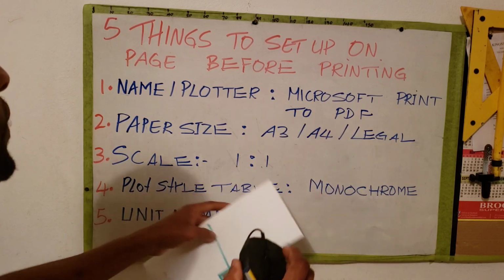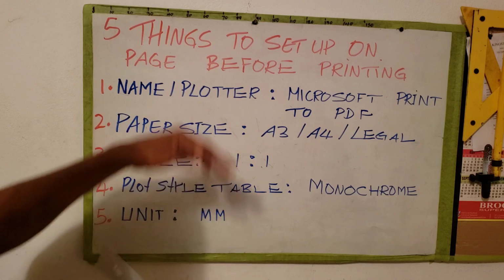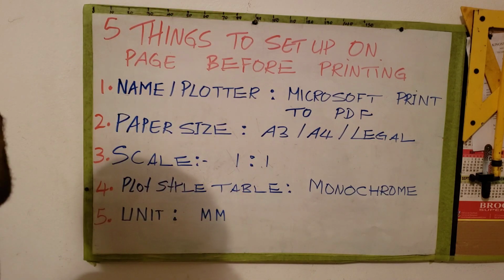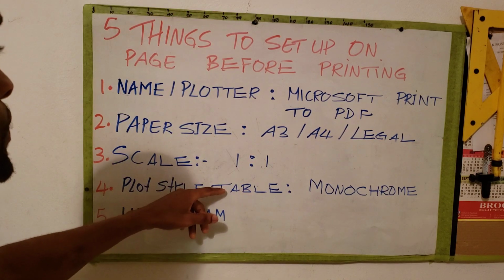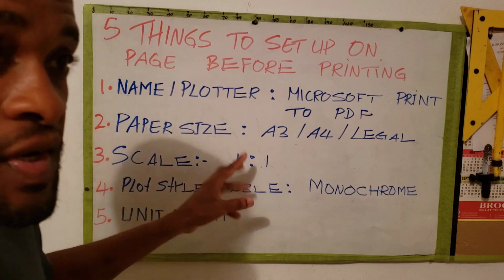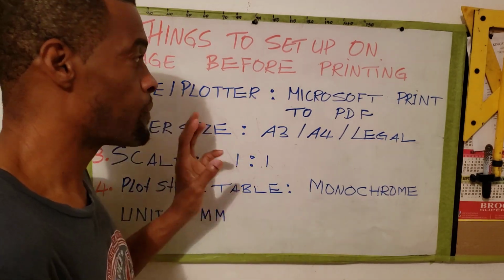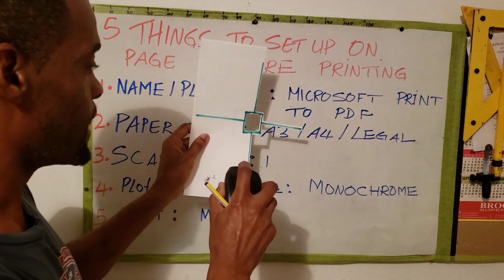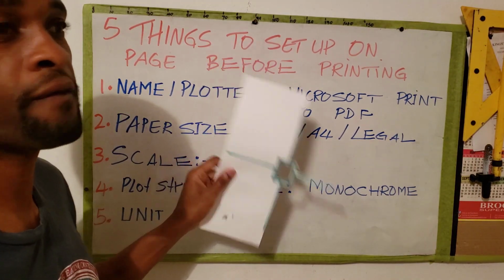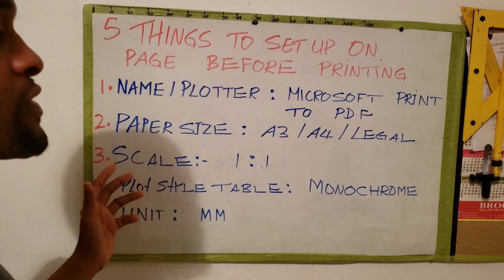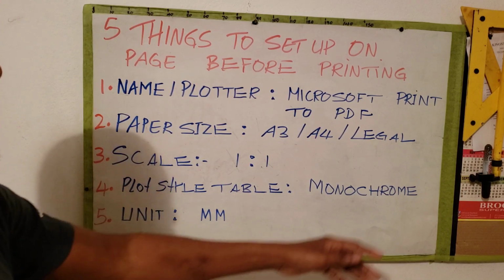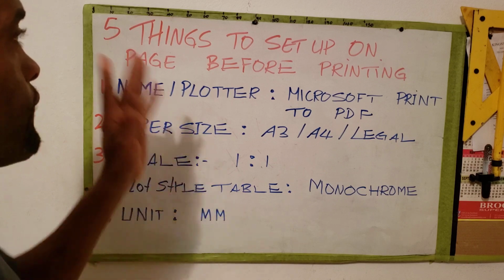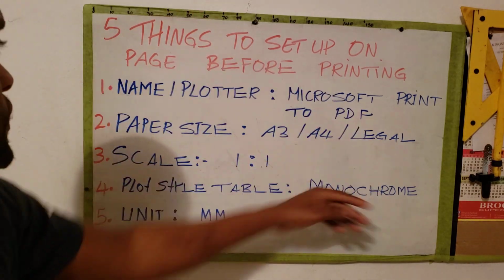Once you right click, it will bring up a dialog box. You will then go up to page setup manager, and when you left click onto page setup manager, it will also give you this. So that's basically the long way. So you have 4 ways in which you can access this.